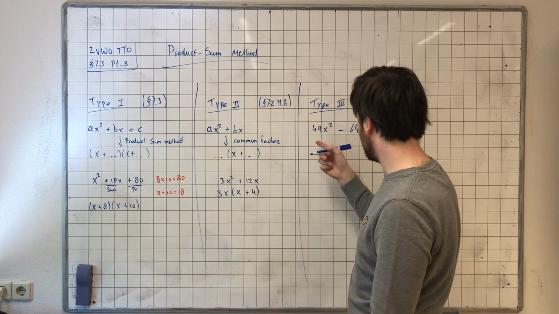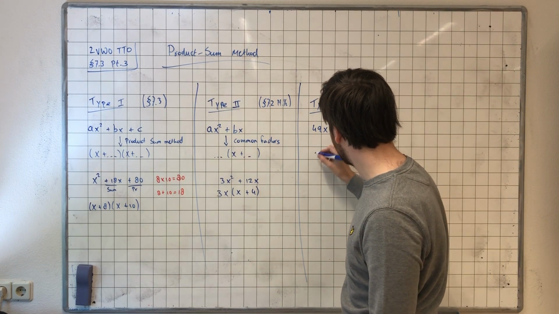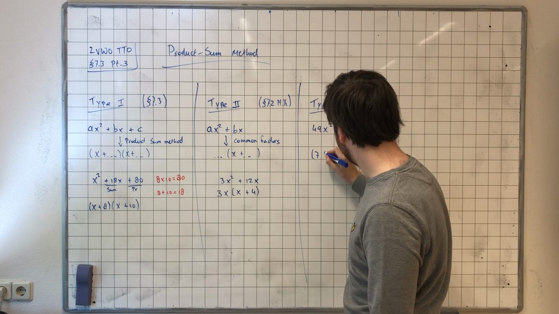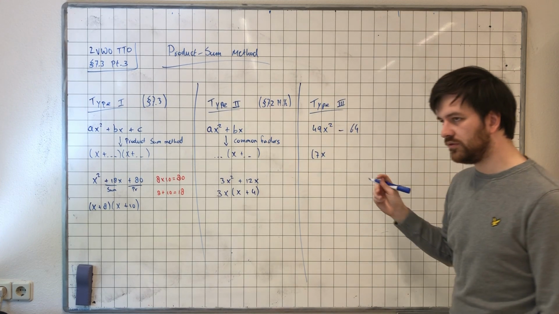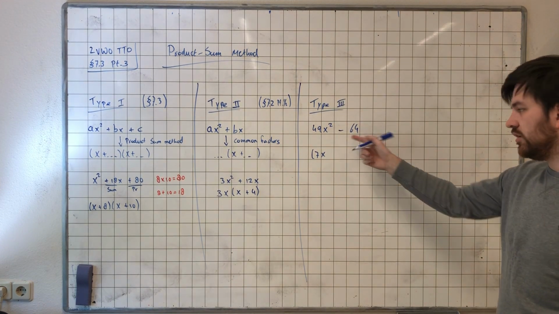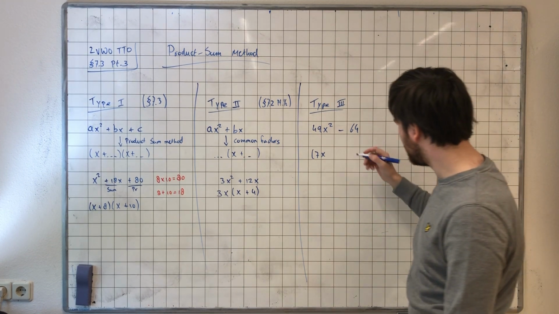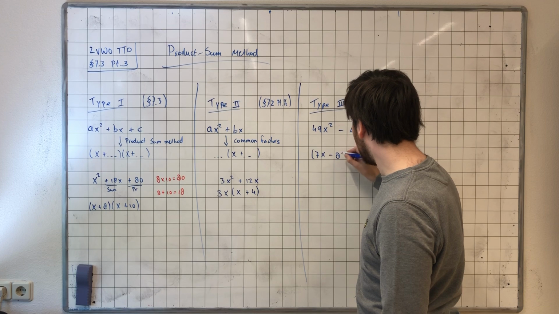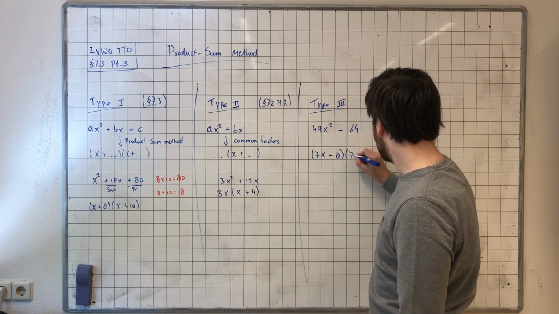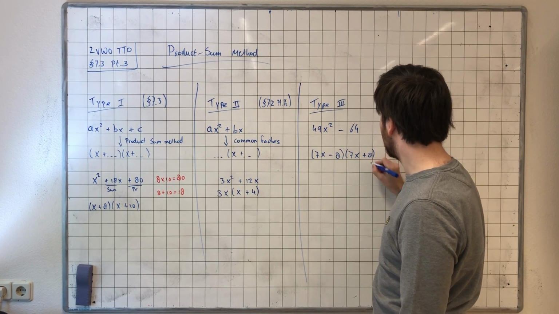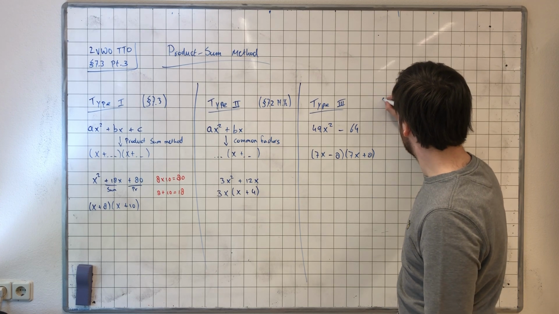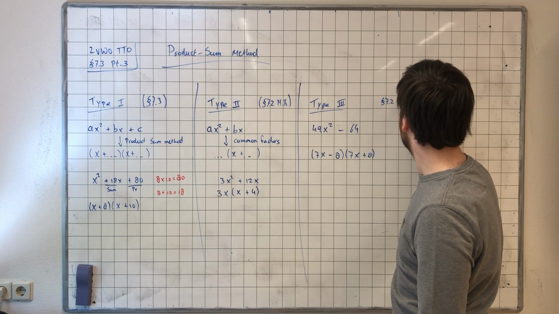The square root of 49x squared is 7x, and the square root of 64 is 8. Not minus 64, because remember, negative numbers do not have a square root, in the real numbers at least. So then we have these two brackets. So this was paragraph 7.2, part 3.